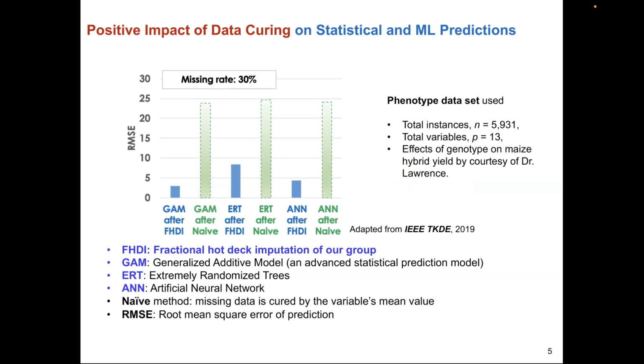If we cure the incompleteness with a naive method, then subsequent machine learning or statistical methods, such as the generalized additive model (GAM), extreme random tree (ERT), or artificial neural networks, the deep learning family, may have a very large root mean square error. But if we cure it properly, we can substantially reduce that, depending on the data type.